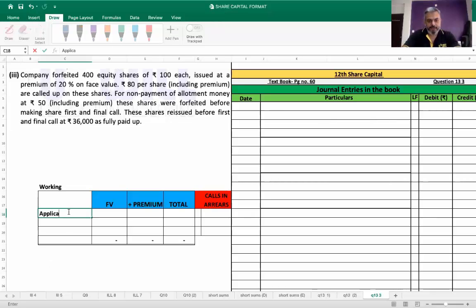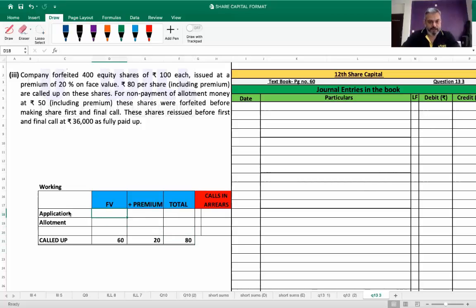We have application, we have allotment. Now first and final call we have not yet called. How much we have called so far? 80 per share including premium are called up. So 60 is the face value what we have called up. I'll write over here in capital, called up 60 face value, premium is 20, so total is 80.